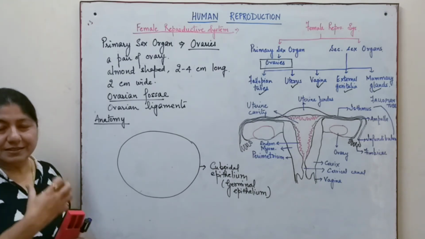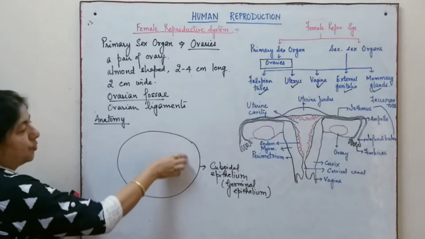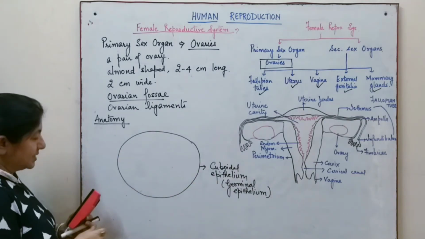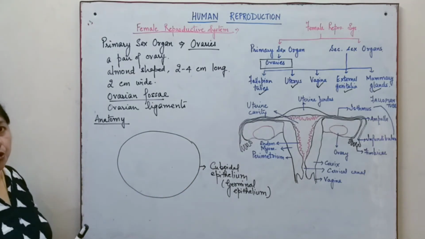This epithelium encloses the region which is known as the ovarian stroma. So this entire structure inside is known as the ovarian stroma.